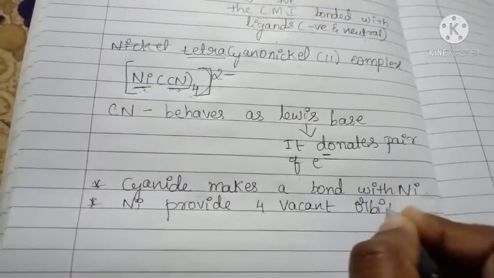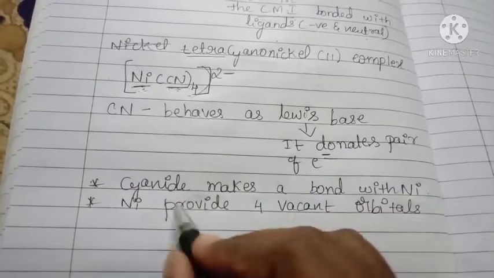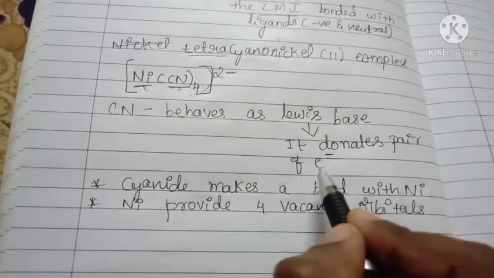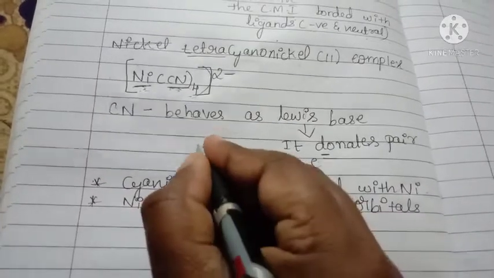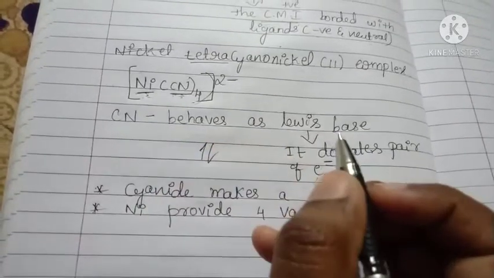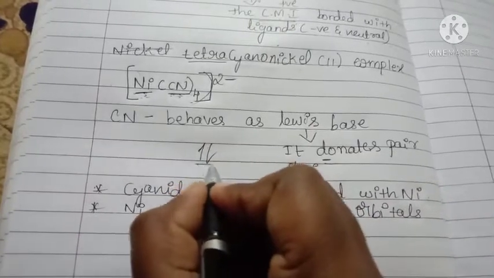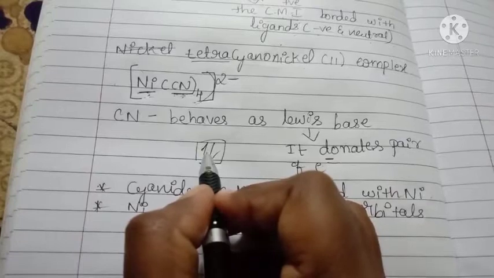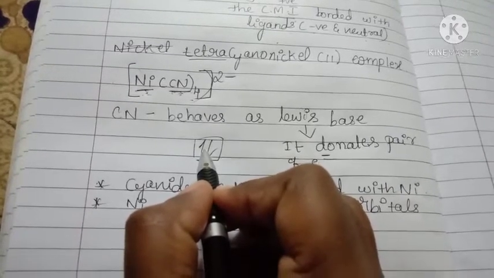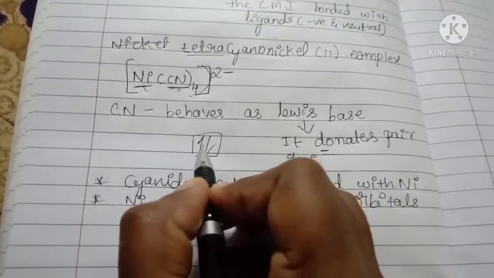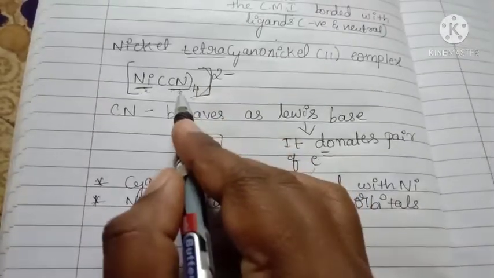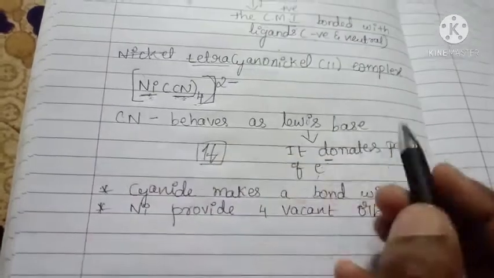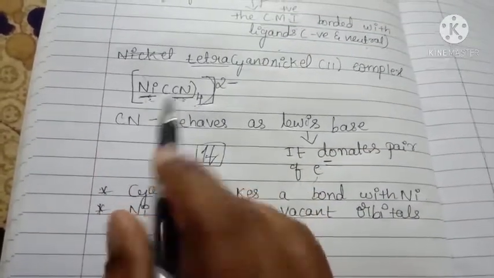Why does nickel provide vacant orbitals? Because cyanide gives an electron pair, not an unpaired electron. Electron pair means it has 2 electrons. So how many electrons are needed to form the bond? It needs 2 electrons, so these 2 electrons should be given by cyanide. So the nickel should provide vacant orbitals, 4 vacant orbitals.